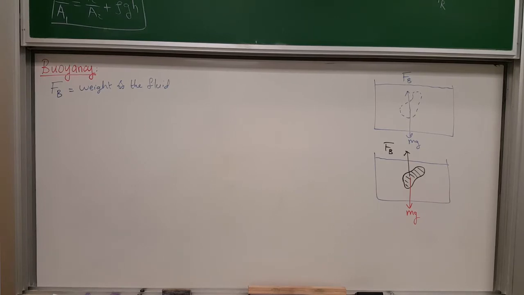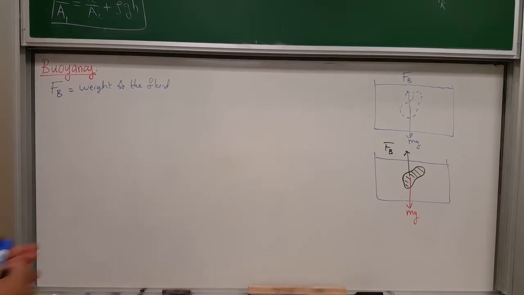So for instance, let's say I take a piece of wood and I want to, let me see, I have 8 minutes. So let's say I take a cube of wood, 10 by 10 by 10 centimeters, a block of wood, and it's 700 kilograms per cubic meter, the density.